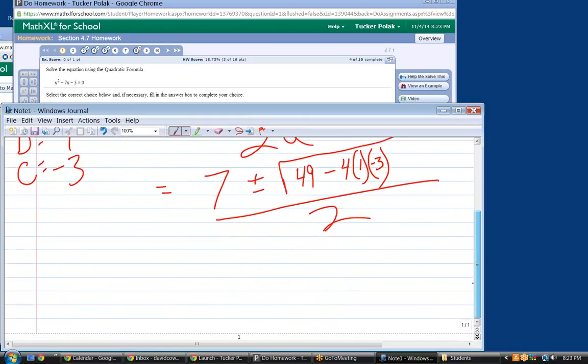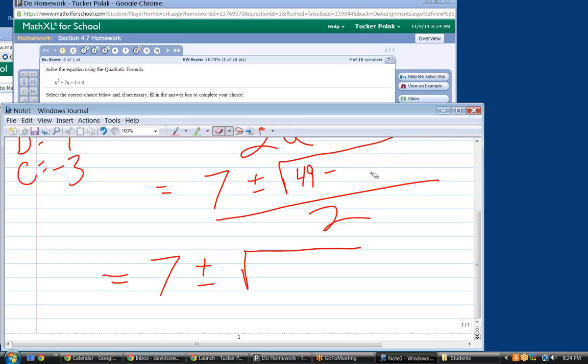Okay, now I want to simplify that. So I have 7 plus or minus, what goes in the square root? 49 minus 4 times a minus 3. Multiply these three numbers together. What do you get? 4 times 1 times minus 3.